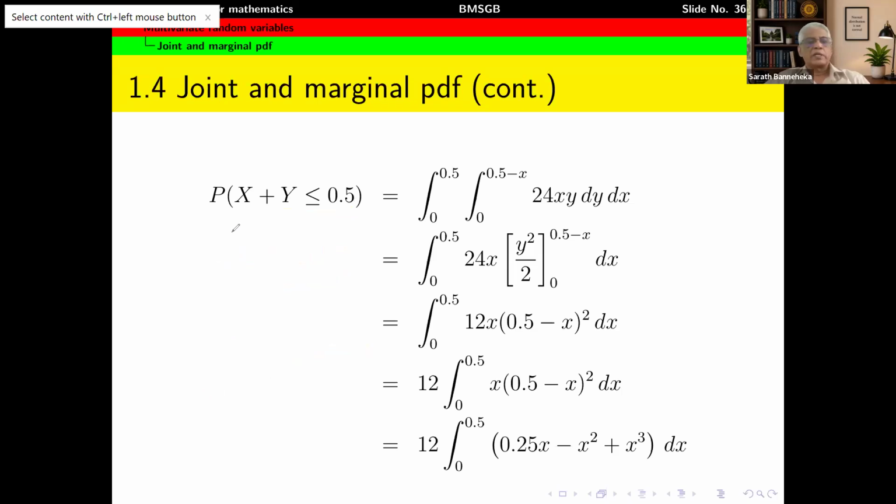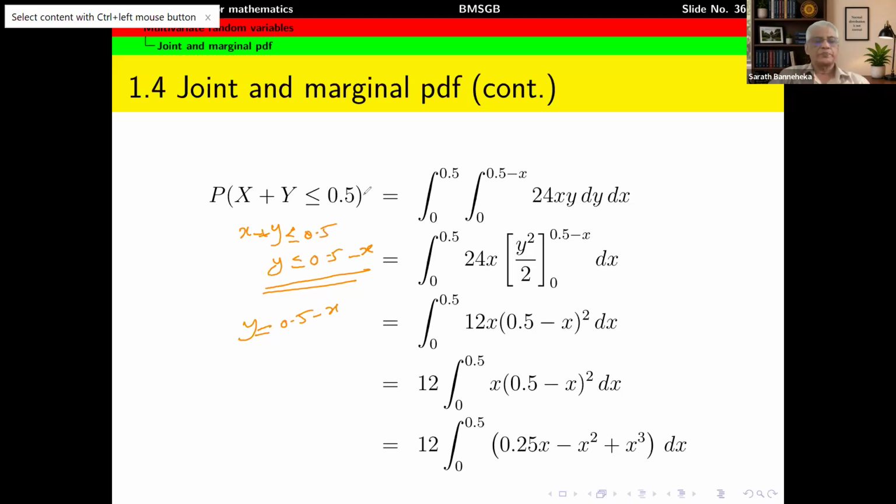If you just consider the mathematical equation, we are looking at x plus y less than or equal to 0.5. In other words, y less than or equal to 0.5 minus x. Right. So we will consider this y equal to 0.5 minus x first and then find the corresponding region satisfying this.